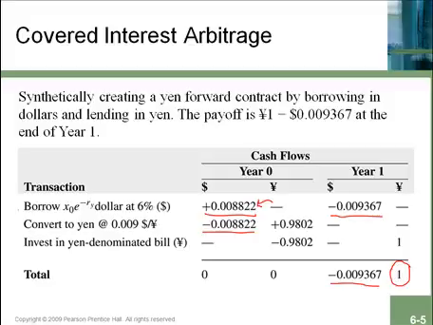Well, instead of borrowing in the United States, I would lend money in the United States. And instead of investing or lending in Japanese yen, I would borrow in Japanese yen. So the strategy would just go in the other direction. But in equilibrium, neither one of those strategies will produce a profit, and in fact the payoff would be exactly zero as long as everything is appropriately priced.